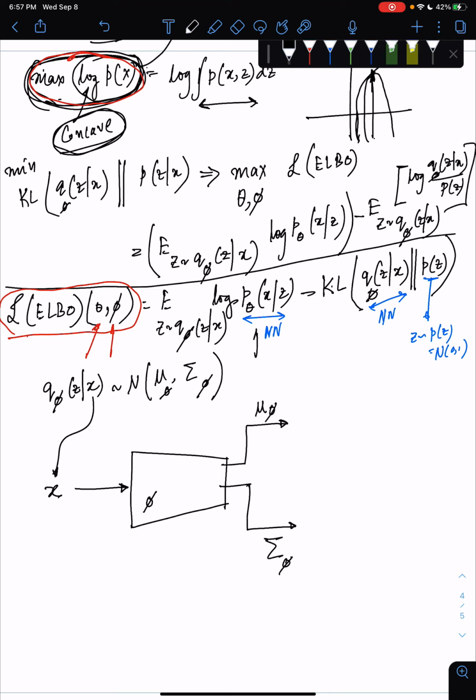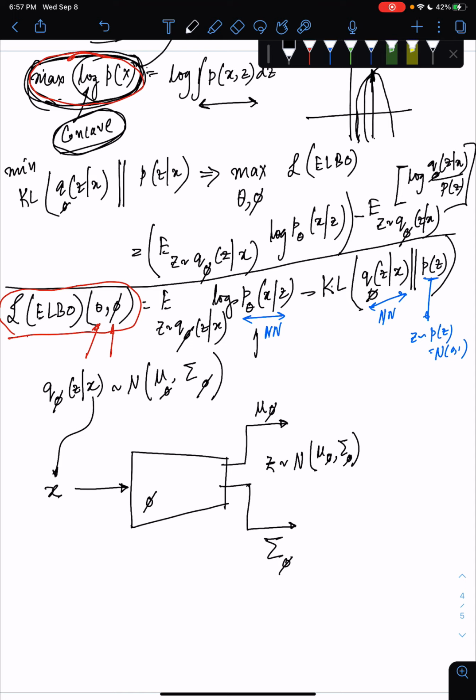Now my z, or my latent code, will be sampled from a Gaussian distribution which is parameterized by this mu and this sigma.